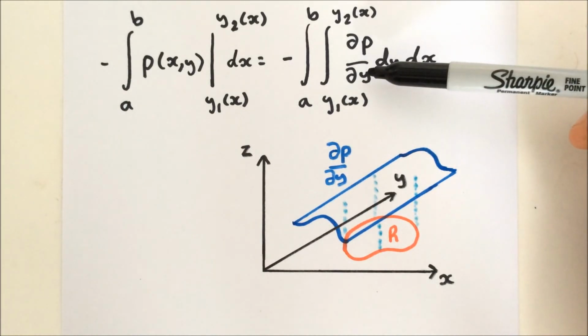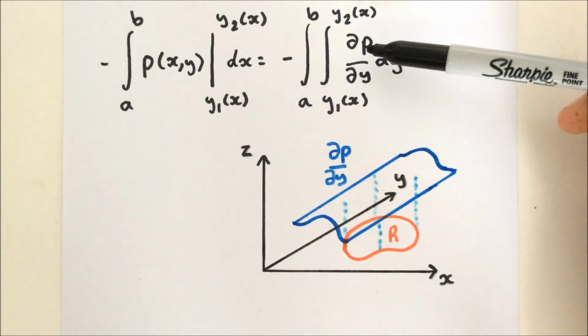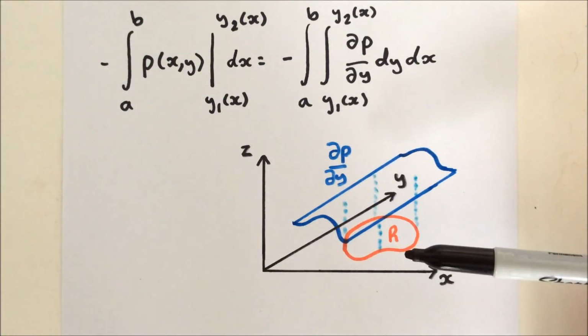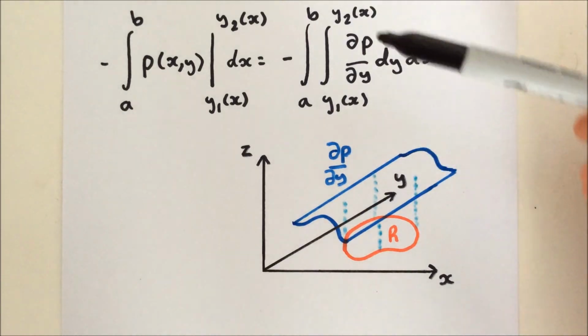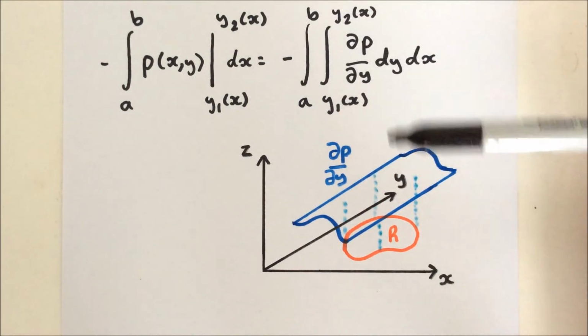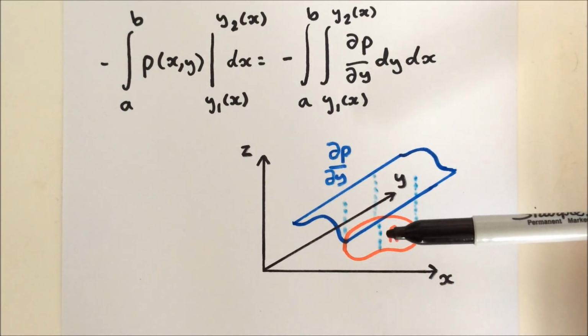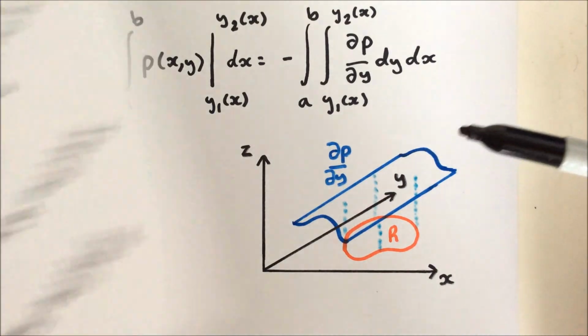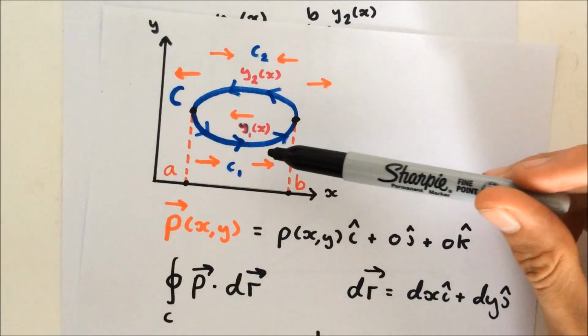dp by dy. Well, let's say that's a surface, okay, on the xy plane. But look what we're doing. We're taking a double integral of this surface over our region divided by y1 and y2, our region R. So that is basically what we had here at the beginning of the video.